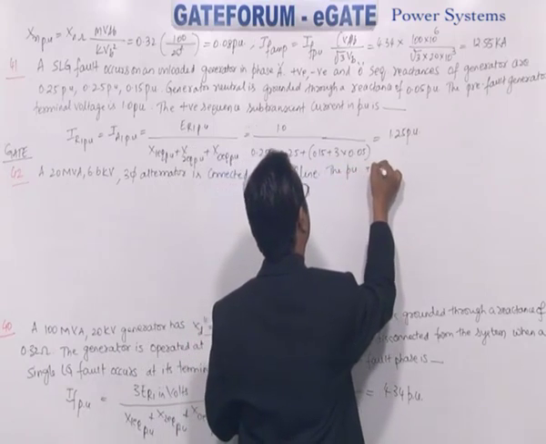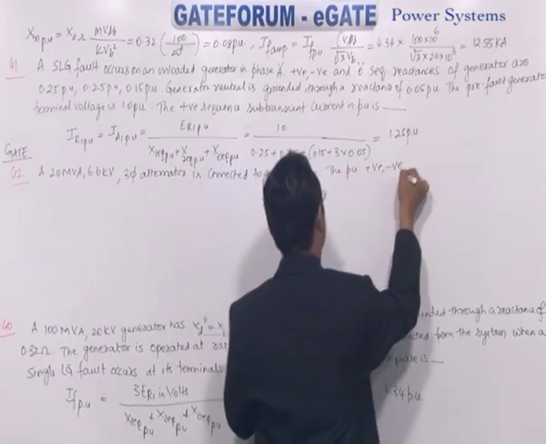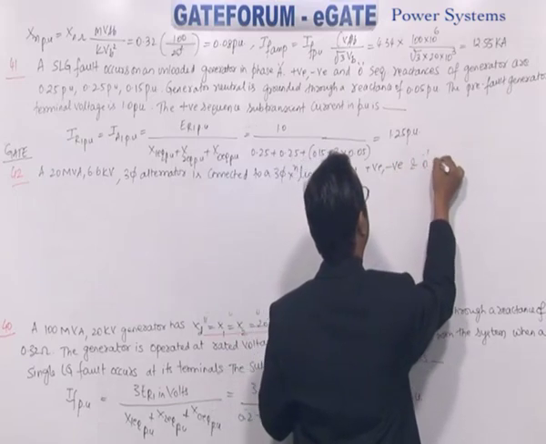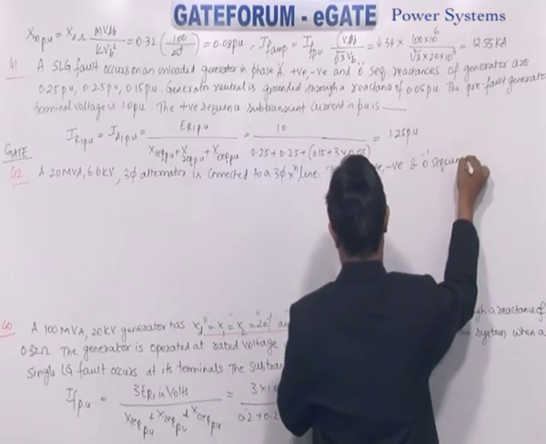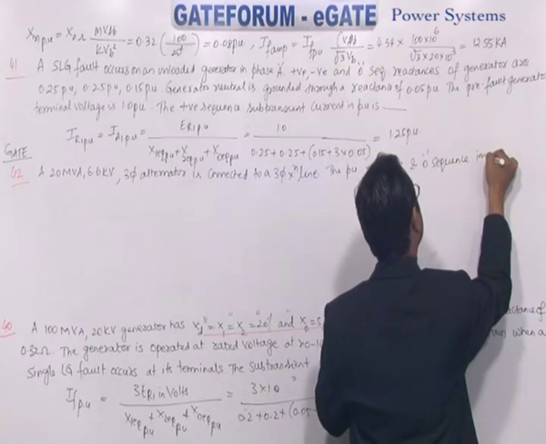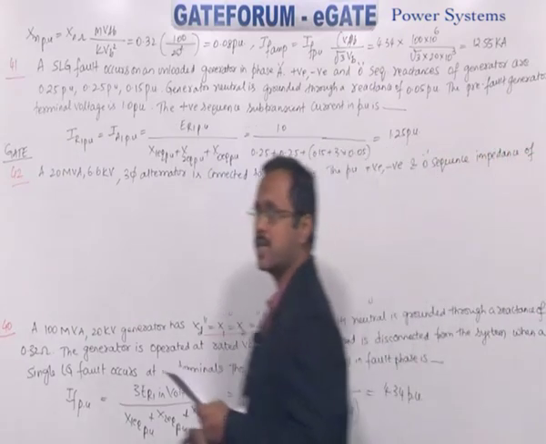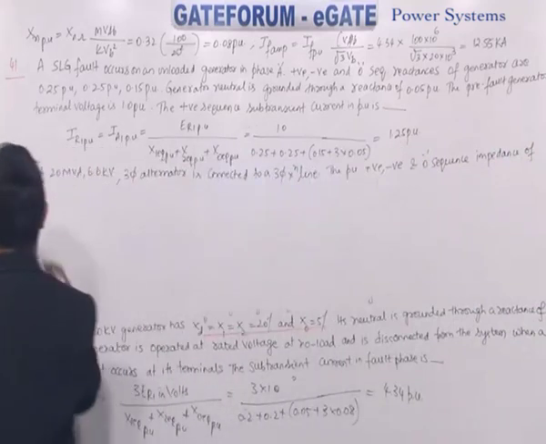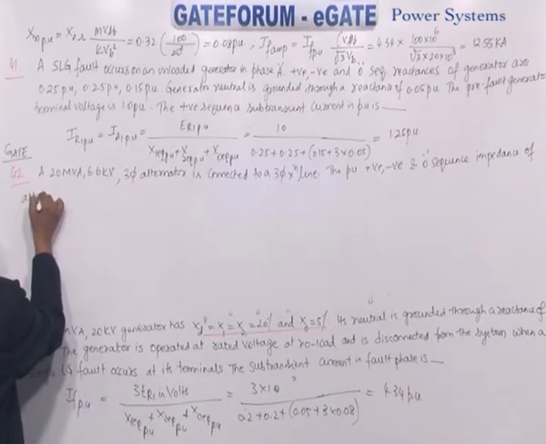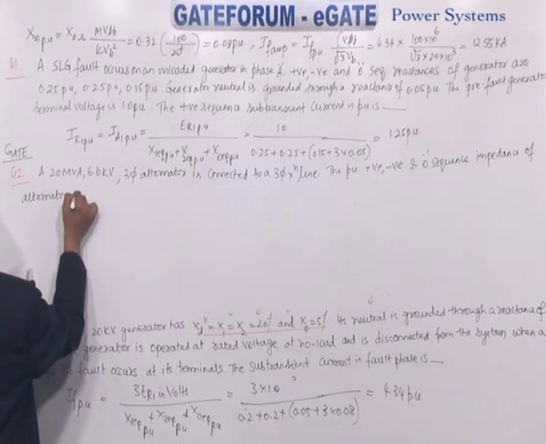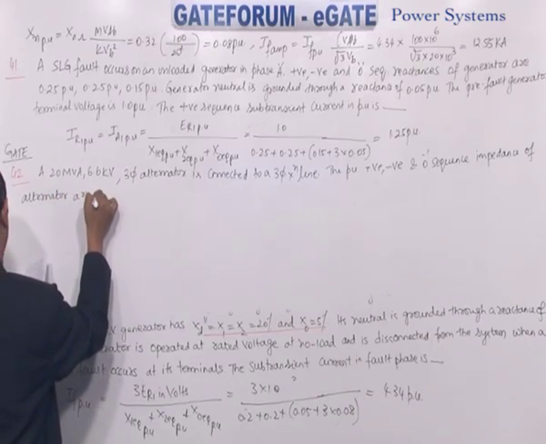The per unit positive, negative and zero sequence impedances of the alternator are j0.1, j0.1, j0.04.